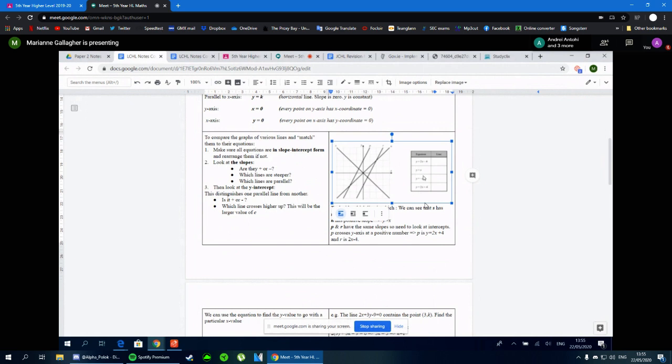So we immediately know that this y equal to minus x, sorry, it's not very clear, but that's this line here. So you could fill in that one first, okay? And then we could see that these two, P and R, are parallel, so they have the same slope. And we can see 2 of them begin with 2, so their slopes are both the same. So you could fill in those 2. And then that leaves the final one, this one here. Okay? Does that make sense?